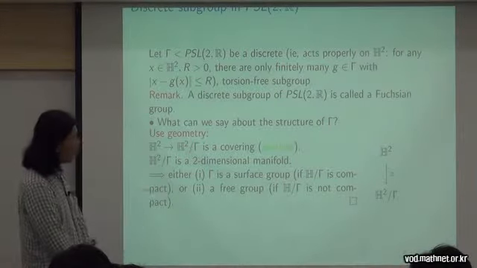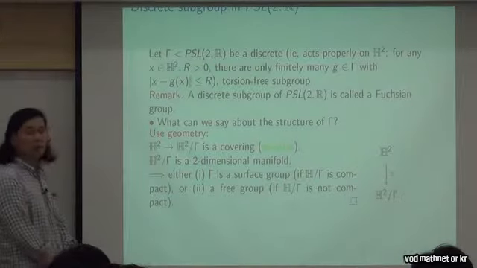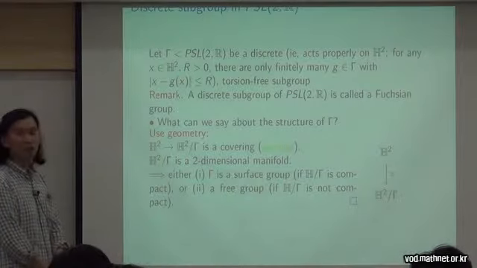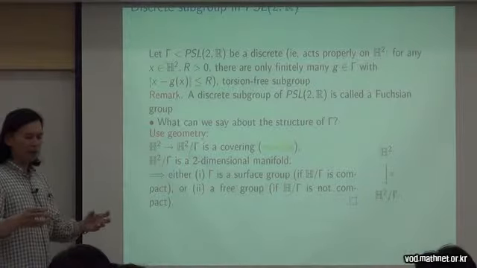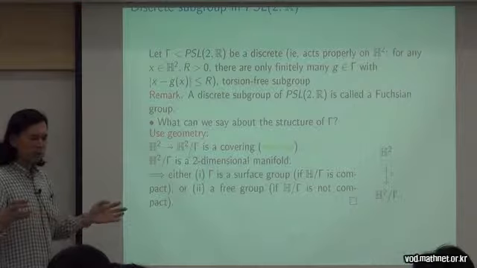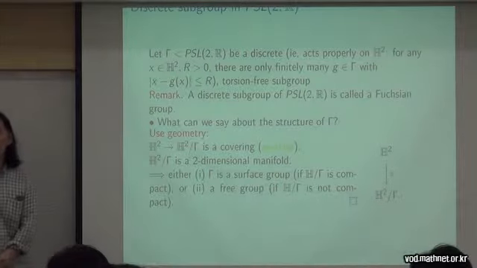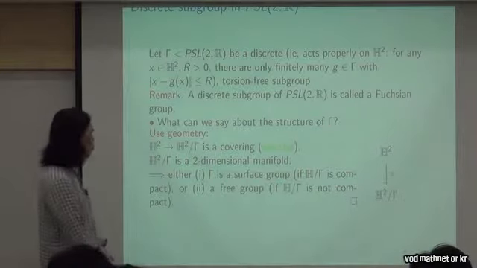Or the other case is that the quotient is not compact, but still it's a surface. And then here's a little fact: for a non-compact surface, its pi1 is a free group. Because imagine you have a surface with some punctures or disks removed, so it's homotopy equivalent to a graph. Therefore its pi1 is a free group.